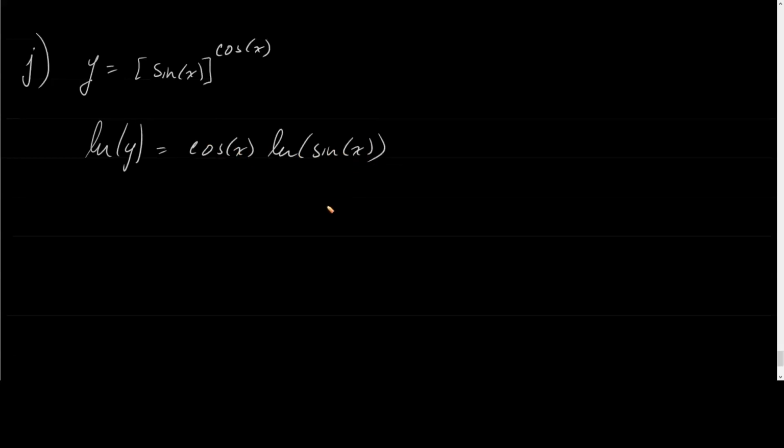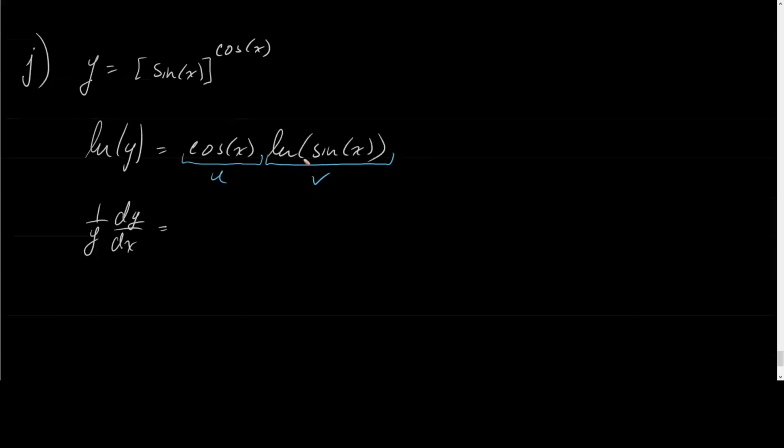The next thing I see there is that on the right-hand side, I've got a product of u and v. So I need to use the product rule. So on the left side, the derivative of ln of y, 1 over y dy dx.